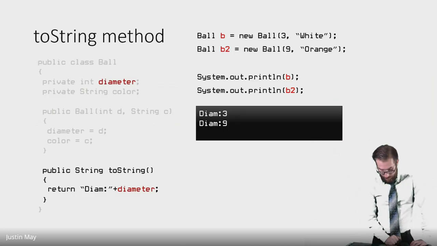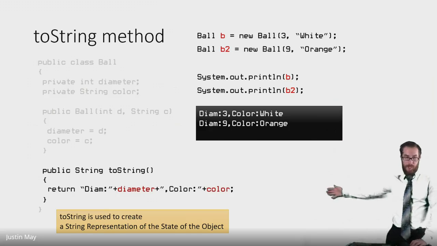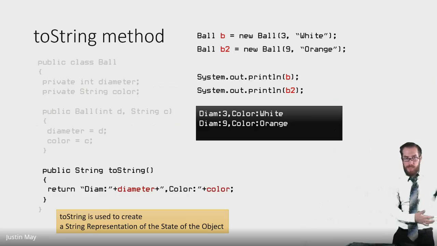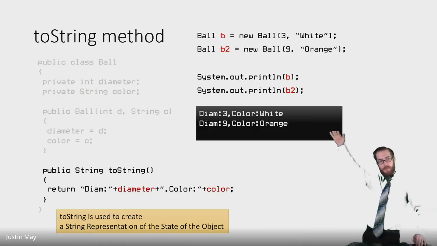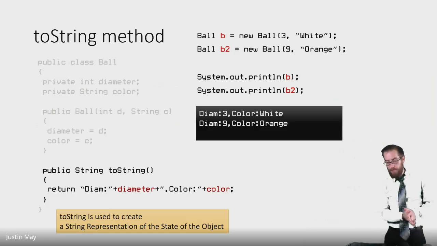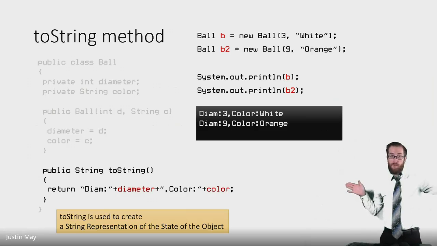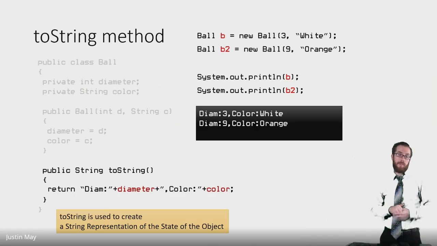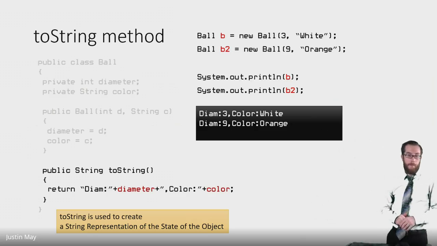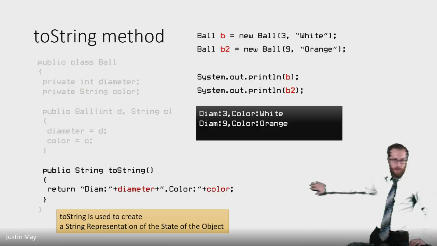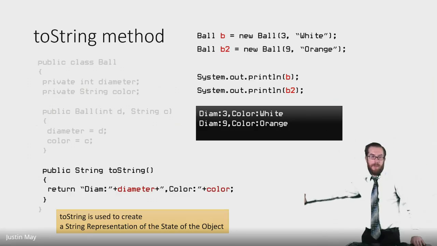And often we will actually make sure that this prints out all of your instance variables. So when you do this print, you probably do it for debugging reasons, and it will show you the whole state, all of the values of all of the instance variables of that object. And that's mainly what it's used for. And you can see on here, I just do a bunch of concatenation.